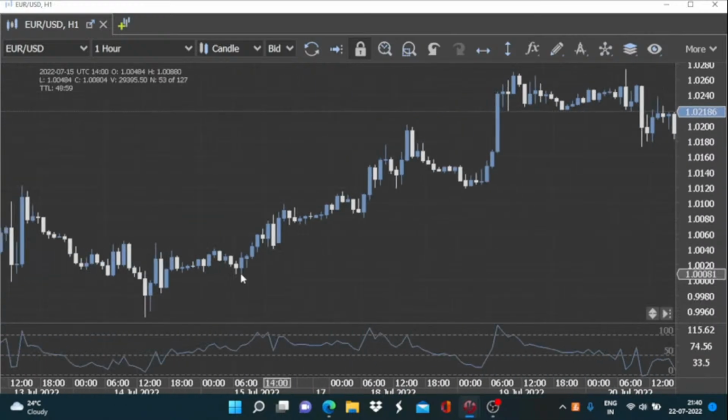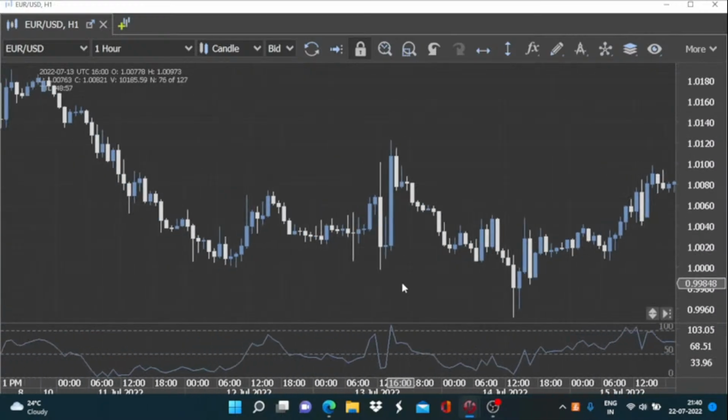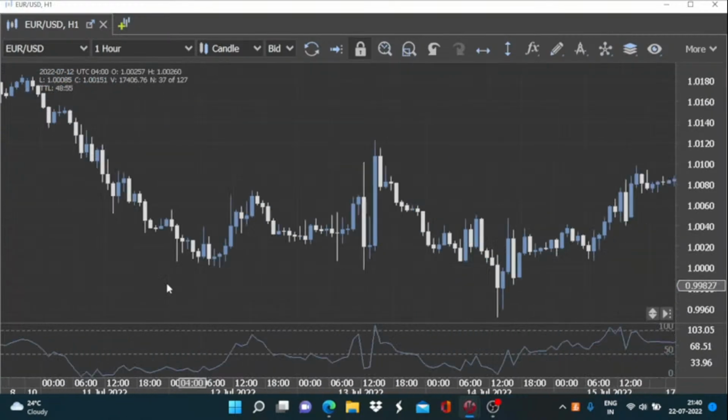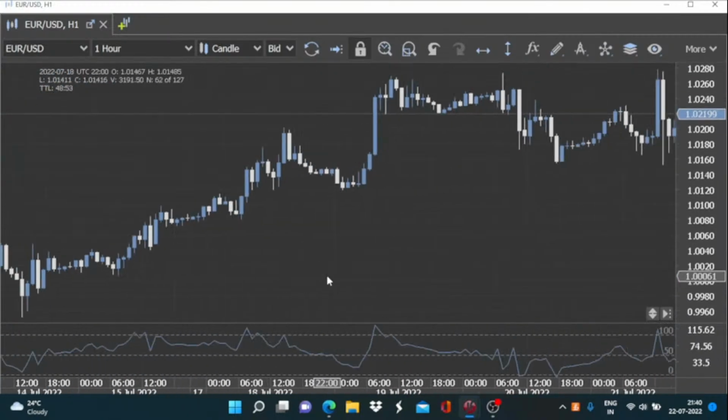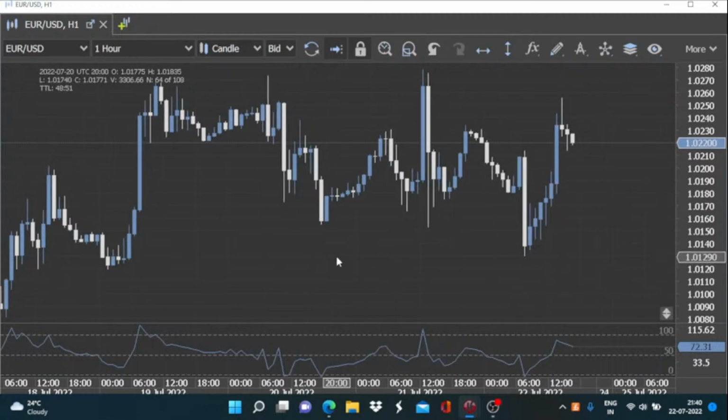And these are the levels which we can try to exploit. You can look at it two ways. You can consider it as an overbought or oversold scenario, or you can flip the interpretation and simply say that this is the extreme strength of the trend.